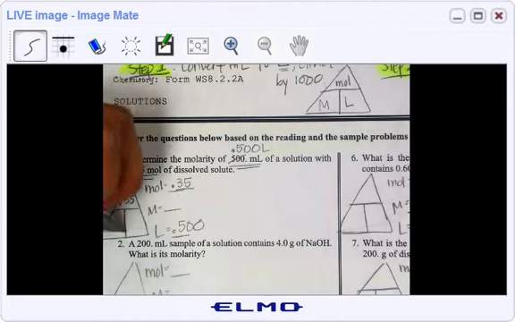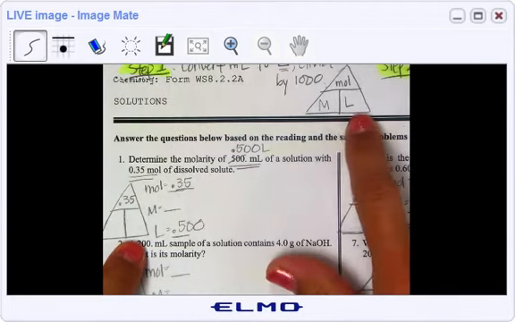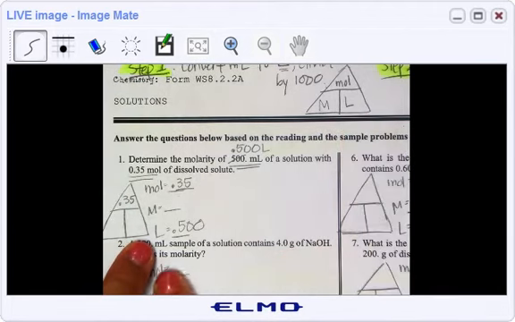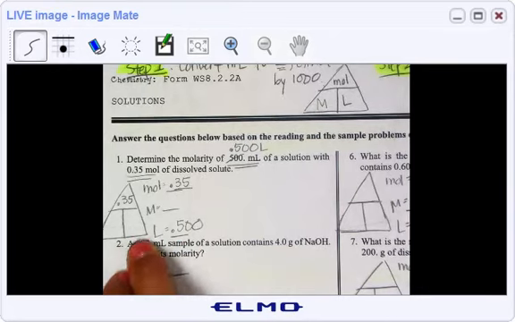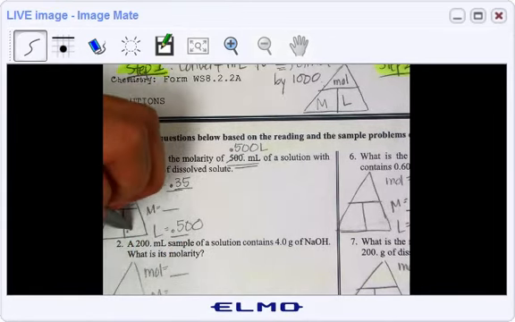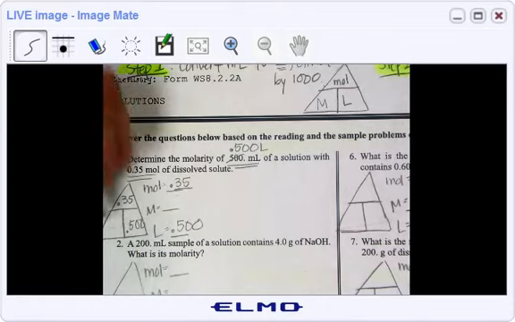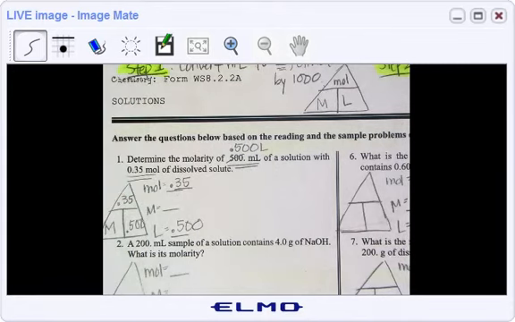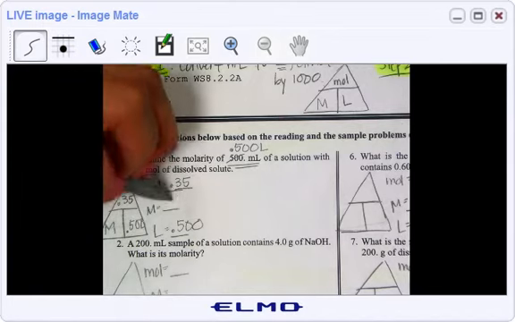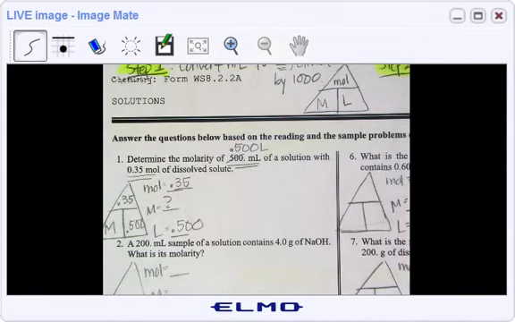Liters goes in the bottom right hand corner. Liters, liters. So just put whatever number you got for liters right there. 0.500. The capital M, which stands for molarity, is in the bottom left-hand corner, and that's what we don't know. It's a mystery. That's what we're solving for.